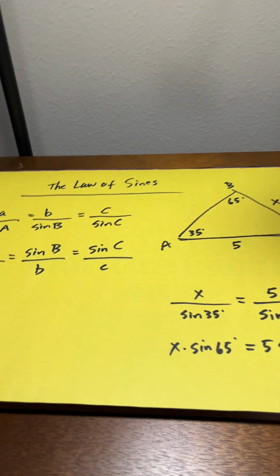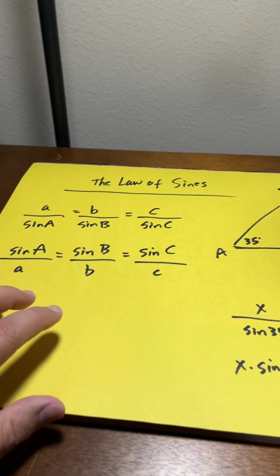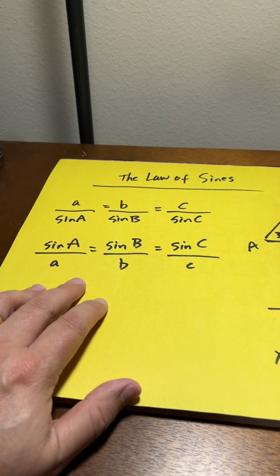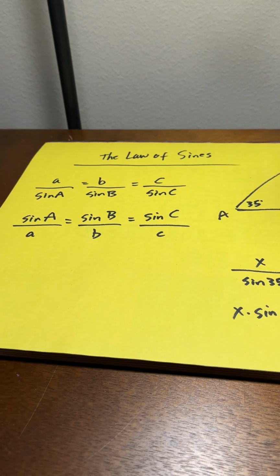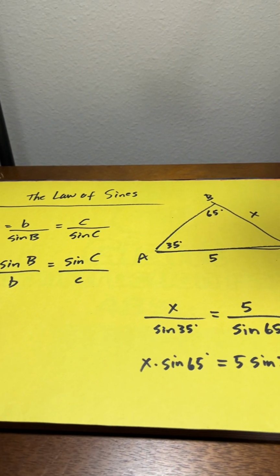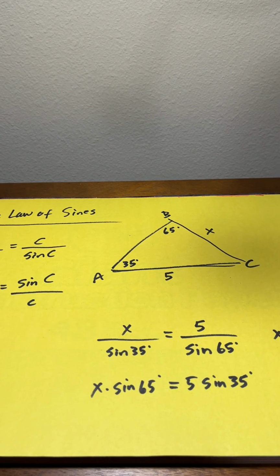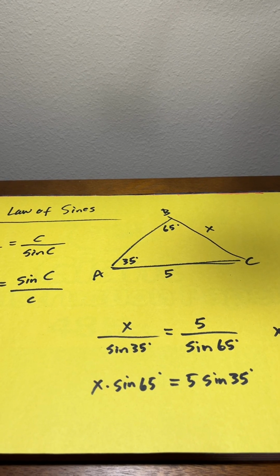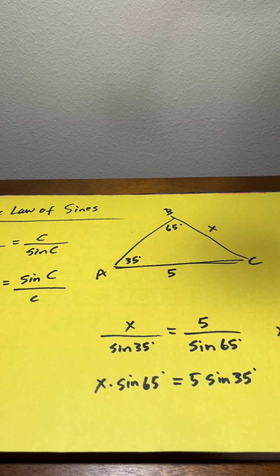So one cool thing about the law of sines, of course, is you have 2 different ways you can use it. But probably the biggest cool thing is that you do not have to have a right angle in the triangle. Notice there is no 90-degree angle here.